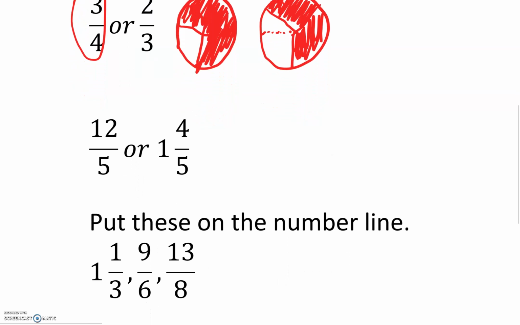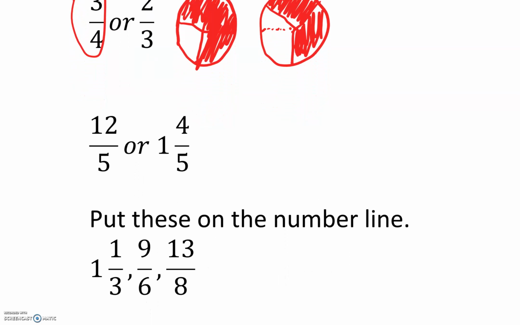Okay, let's look at the next one. Oh, see here now we have some improper 12/5 and some mixed 1 and 4/5 fractions. So if we think about the first one, it's 12/5. Well, it's going to be a little bit hard to draw, but let me try.